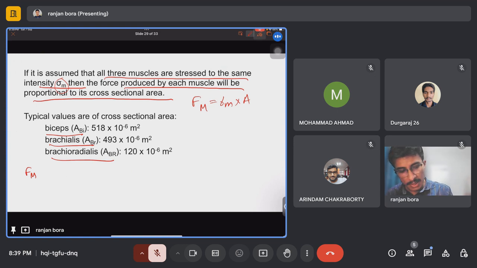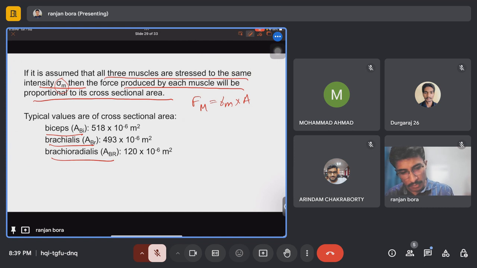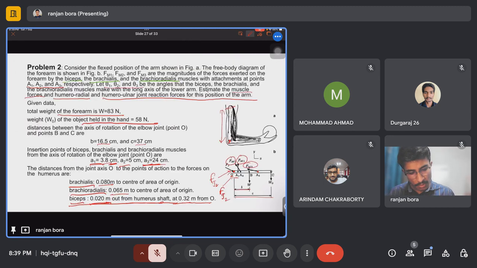Or we will take the moment produced with respect to O because of this biceps muscle. The biceps muscle is at A1.